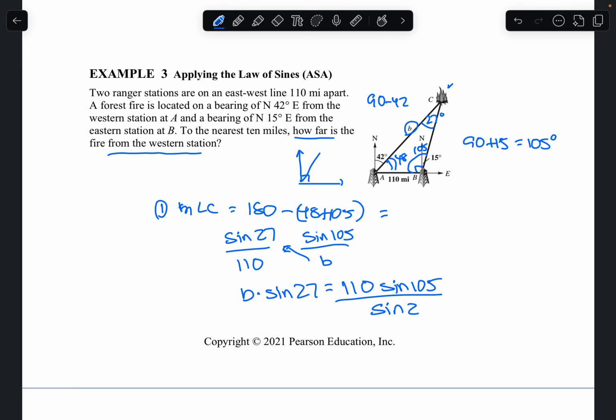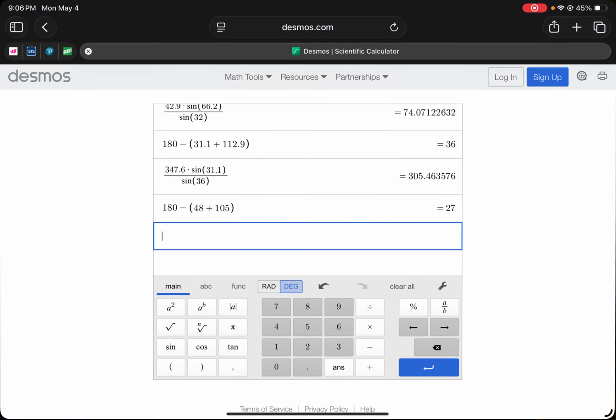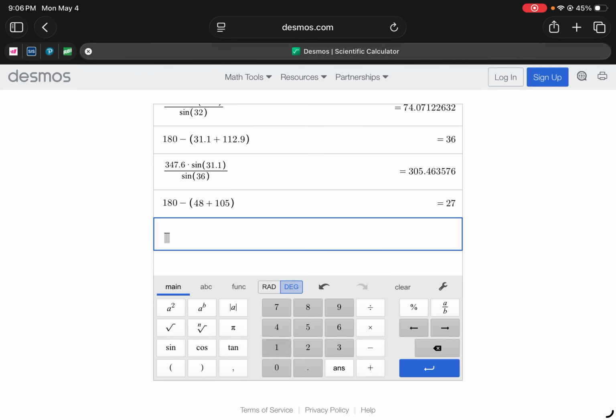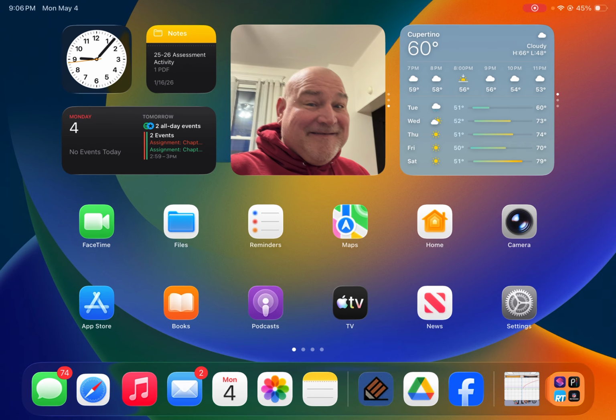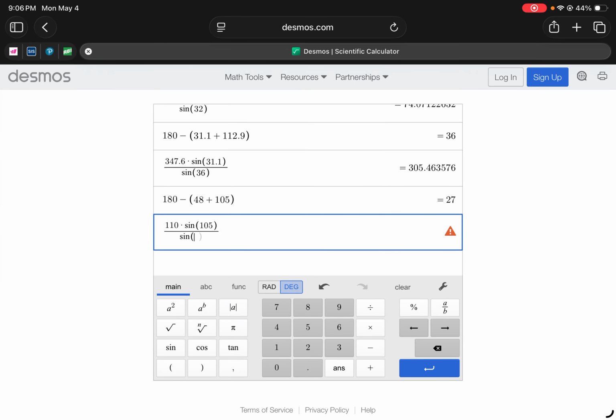We'll divide both sides by sine of 27. Back to Desmos. 110 times the sine of 105, just to make sure I got the numbers correct in my head, divided by sine 27.